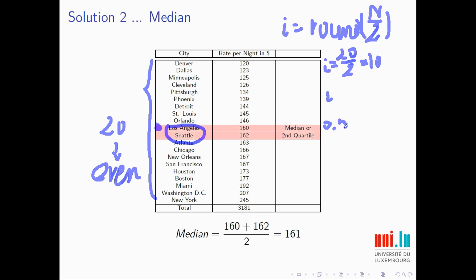And by the rule of rounding, it all the time goes to the bigger number. So 0.5 goes to 1, 1.5 goes to 2. Since in order to find the median we have to divide the number of our observations by 2, it goes like this.